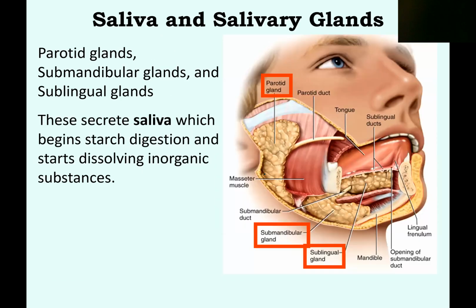Okay. The salivary glands are 3 sets of glands. You have the parotid glands, submandibular glands, and sublingual glands. They all have tubes or ducts that empty into the mouth.